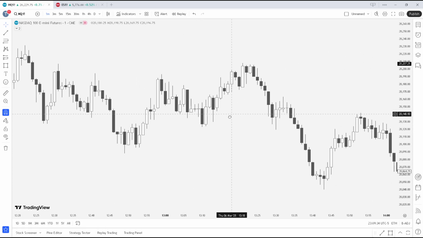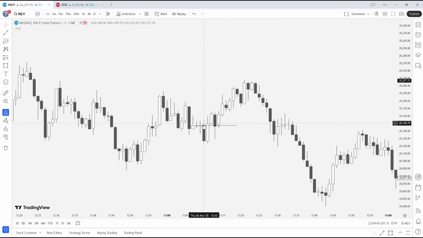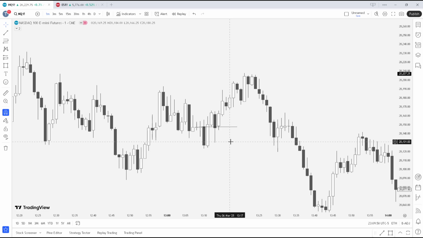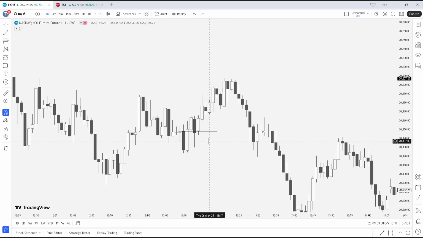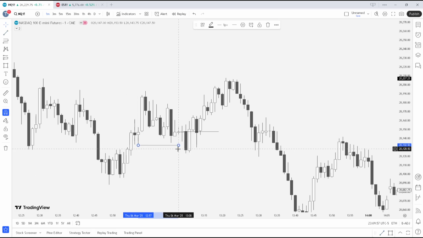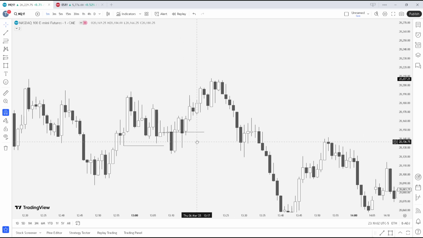Yeah, I guess technically you could consider this a mitigation block. So right here we have your last up close candle, right? This is your last up close candle, and we don't have a liquidity sweep. I guess you could technically consider these a sweep of liquidity, but I wouldn't really use that as a liquidity sweep, right? So you have your last up close candle, and then we get a move higher.